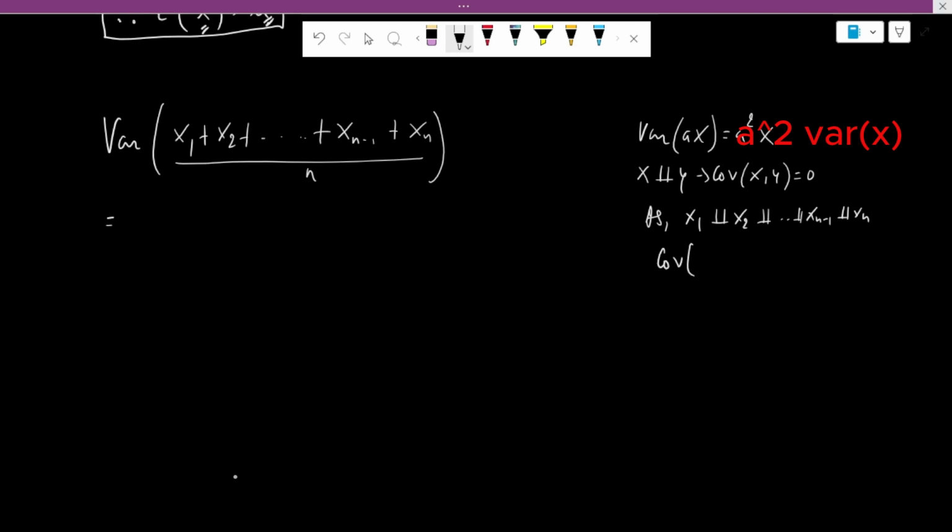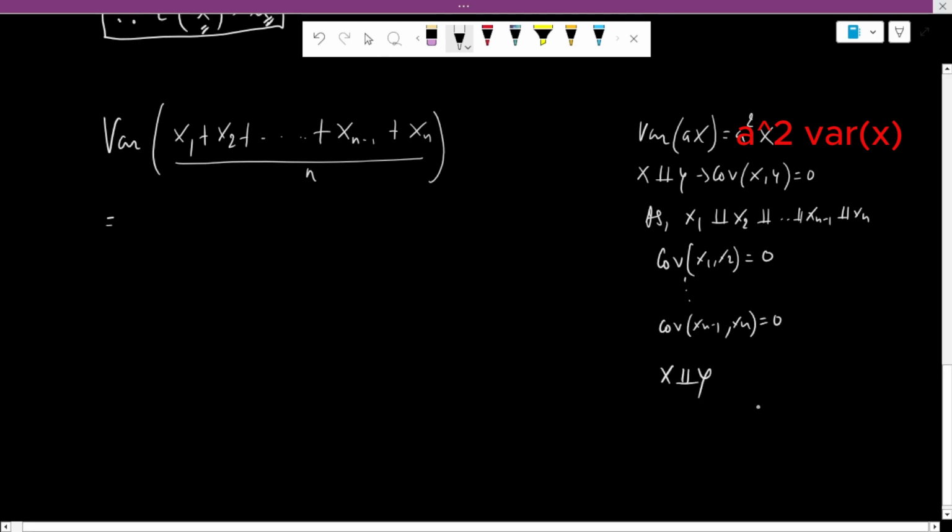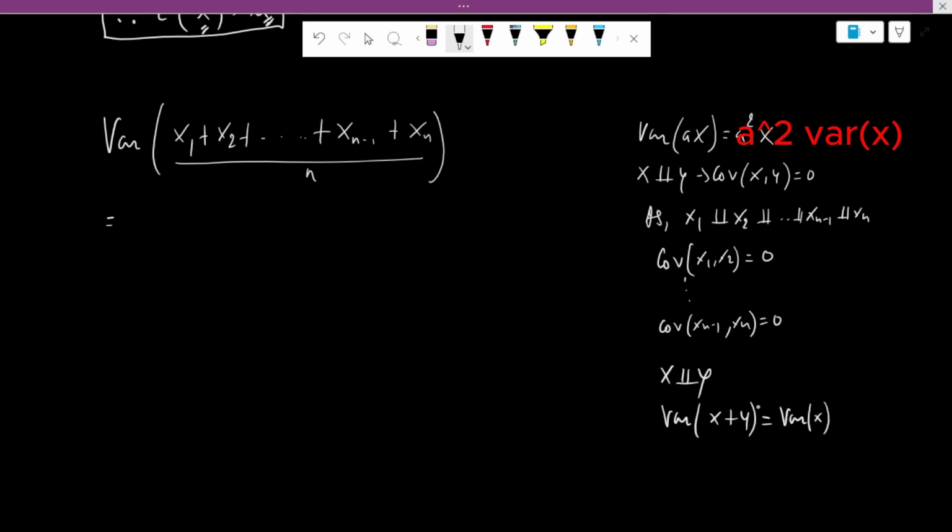Therefore the covariance of all possible pairs is equal to 0. For any two independent random variables x and y, the variance of their sum is equal to the sum of their individual variances, because the covariance between them is equal to 0. Now applying these two properties, what do we get?